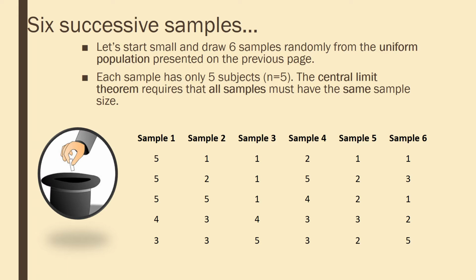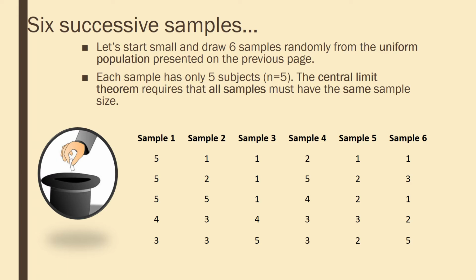Okay? Drawing names out of a hat is one way to do that. There are other ways, like computer programs or things like that. Okay, so we randomly selected 5 people per sample, and we have 6 samples.